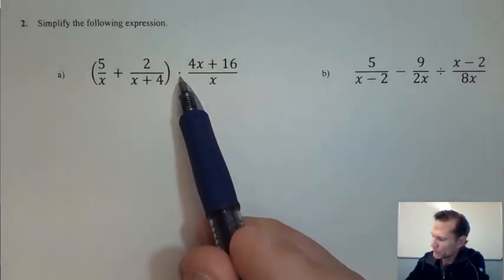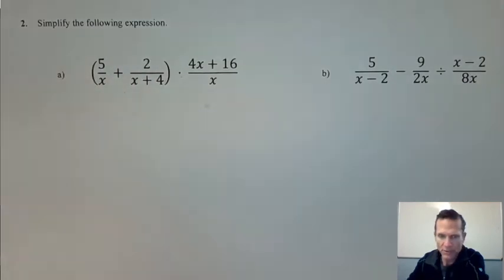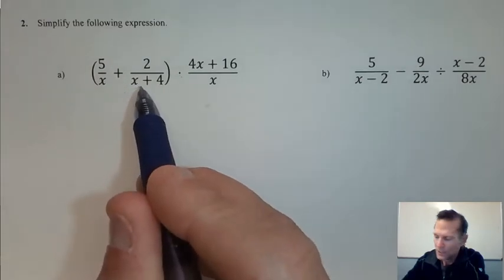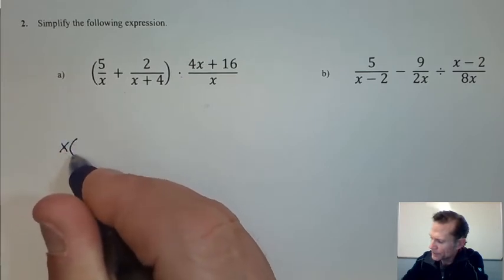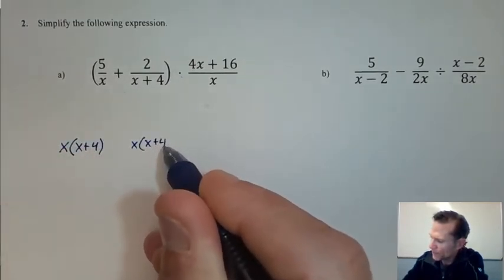So here is a multiplication and an addition and a parenthesis. So we have to follow the order of operations here. We have to do this addition first. So I'm going to make a common denominator. The common denominator is going to be x plus 4.